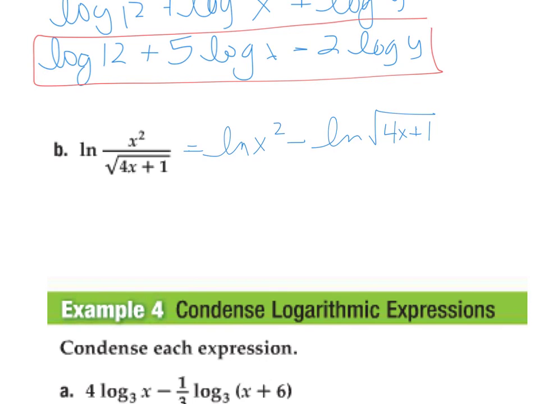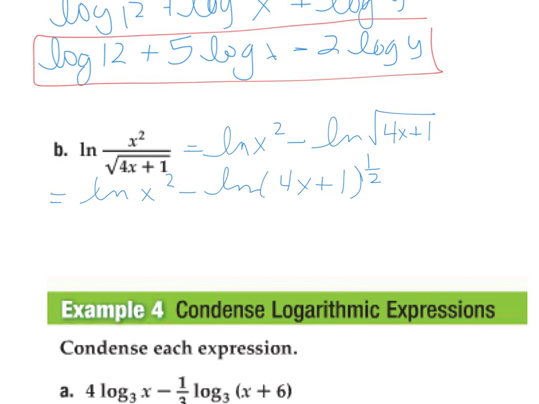Now I don't want to leave that with a radical. I want to change that to an exponent. So I'm going to rewrite that and say that that's natural log of x squared minus the natural log of 4x plus 1 to the 1/2 power.